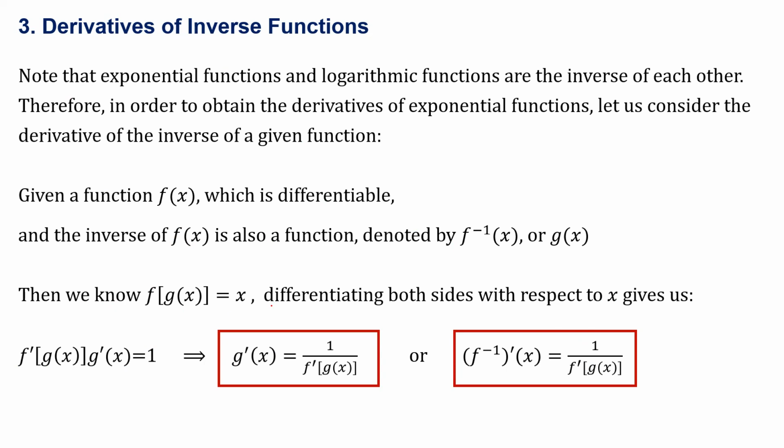Then according to the definition of the inverse of a function, we know that f of g of x should equal x, right? Because initially, suppose this is x, and under the effect of function f, the image of x is f(x), right? And if we define the inverse of this function as g(x), then g can map f(x) to the original value x, right?